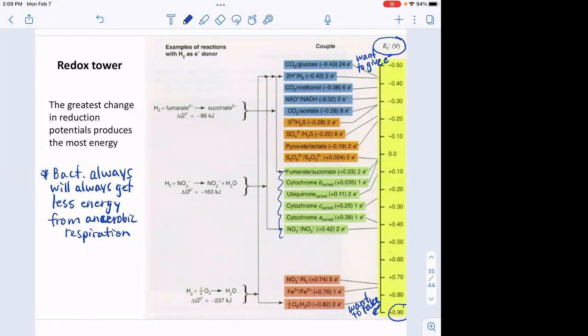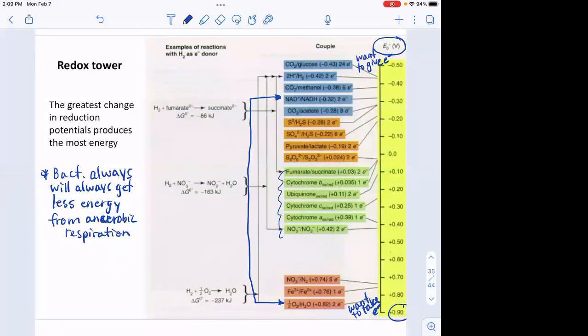All right, so if we measure the distance between what we're starting with at our electron transport chain, this NAD-NADH pair, and the final electron acceptor, oxygen, that's a pretty big distance here. The bigger the distance, the more ATP is generated.